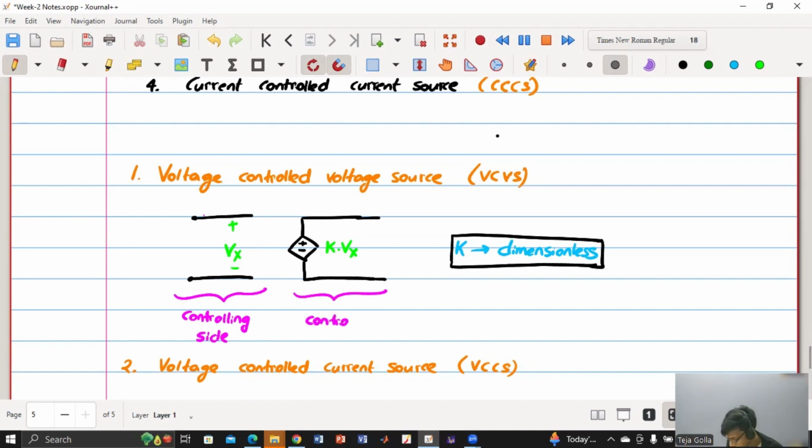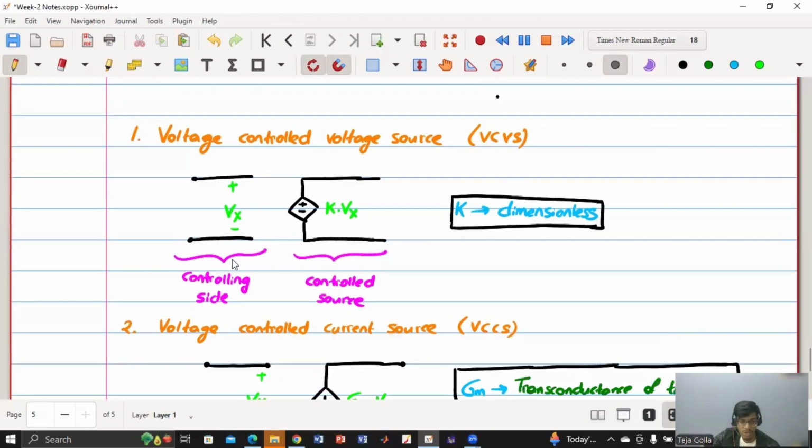So this is being controlled, and whatever is on the left side is controlling. Voltage controlled voltage source means this is a voltage source, and it is controlled by another voltage.